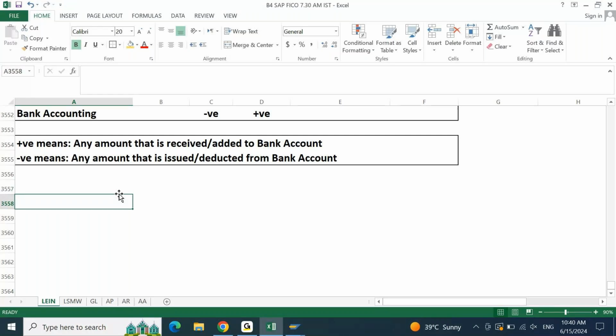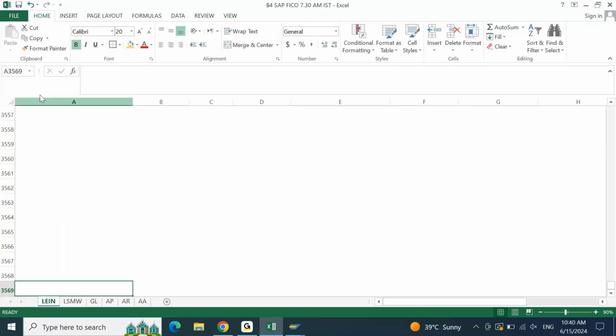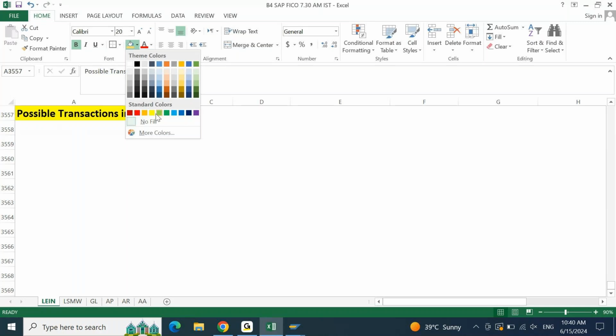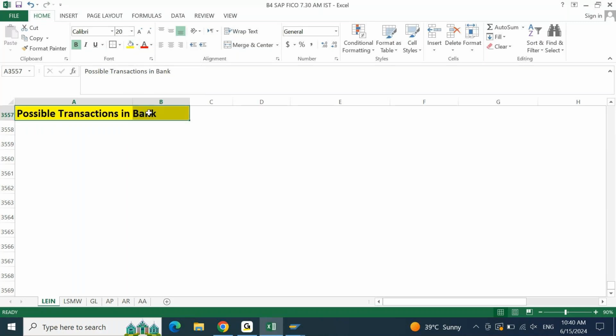Now, if I put a few more points like possible transactions in bank. When we say possible transactions in bank, usually what are the transactions that we will be dealing with bank? Point number 1, we understood payments. When you're talking about payment, there can be multiple types of payment.